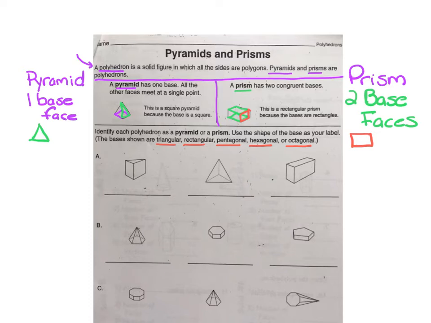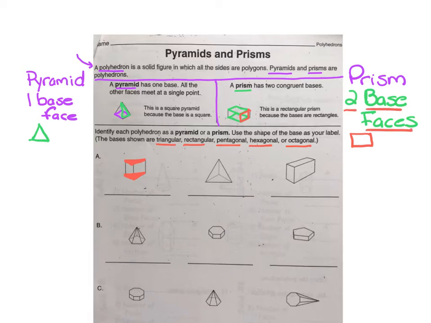Even though you can't see the face on the bottom, we know it's a triangle. Please sketch this on your packet and shade in the triangle on the top. Clearly, there are two base faces.